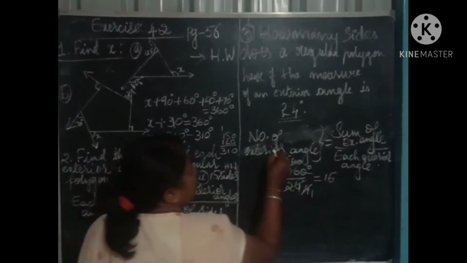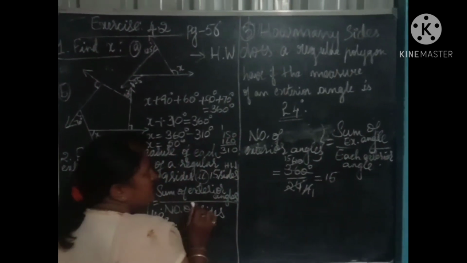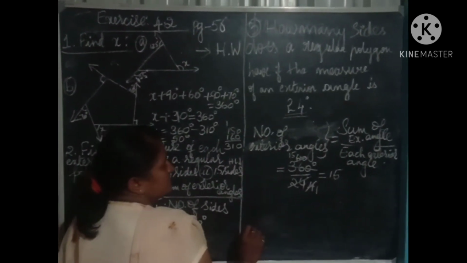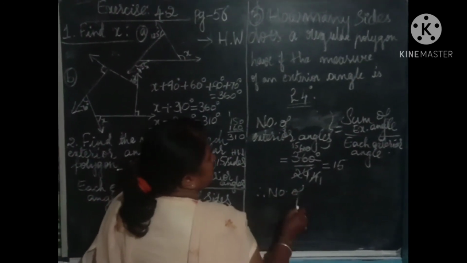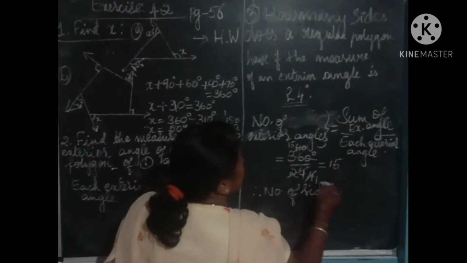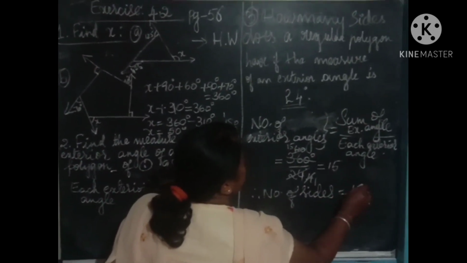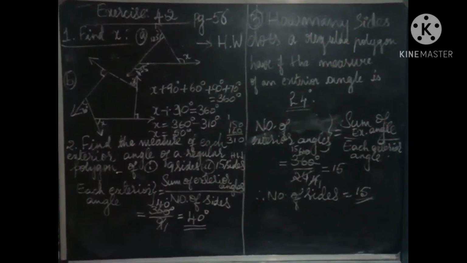The number of exterior angles is 15, and the number of exterior angles is equal to the number of sides. Therefore, the number of sides of the polygon is 15. So this is the third problem.